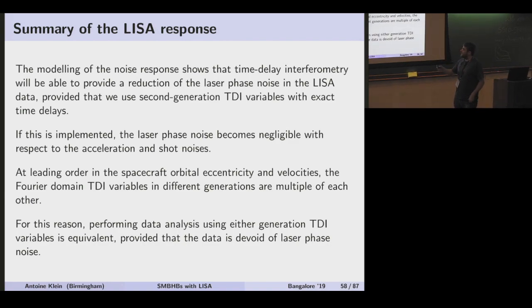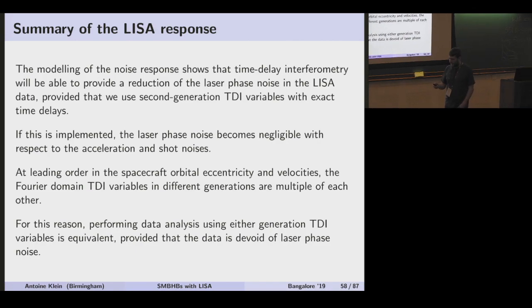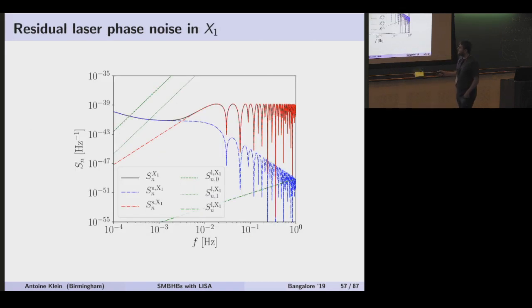We derived different TDI variables in different generations, and we looked at the noise response in all of these variables. And at the end, we showed that in order to reduce the laser phase noise to well below the other noise sources, you really needed to go to the second generation variables and implement exact time delays.